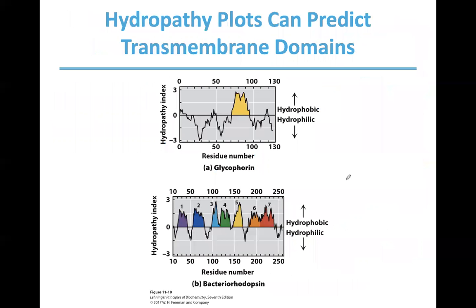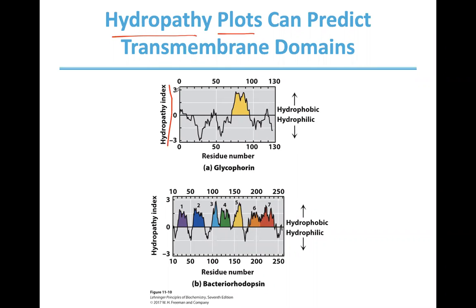And you often study this by what are known as hydropathy plots. There is a measure for hydrophobicity known as the hydropathy index, right? For example, this protein, glycophorin, which spans the membrane only once: this is the residue number, and this is hydropathy.